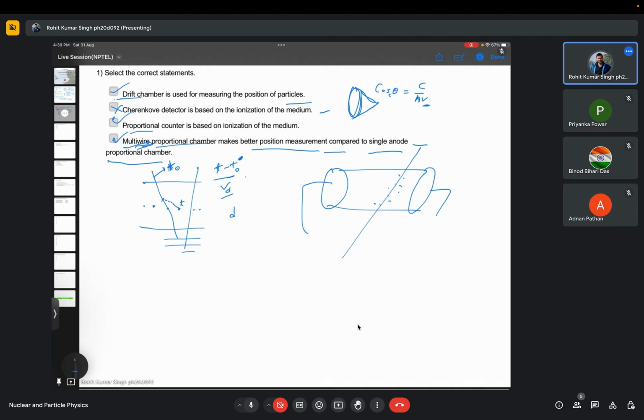There are silicon detectors, silicon strips, pixels, and the drift chamber is also used in some detectors, like ALICE uses it, but in CMS we have mainly solid state detectors. But the basic idea is the same.